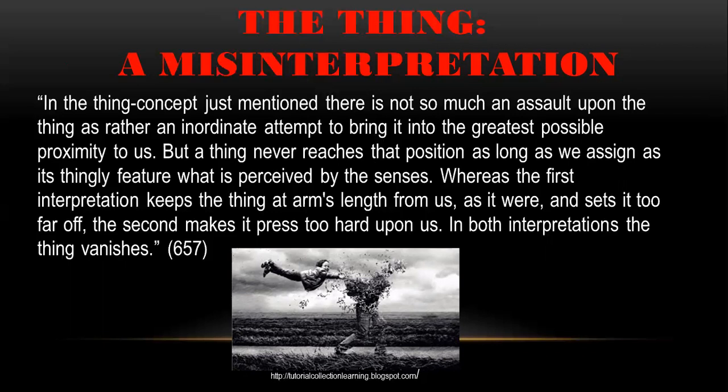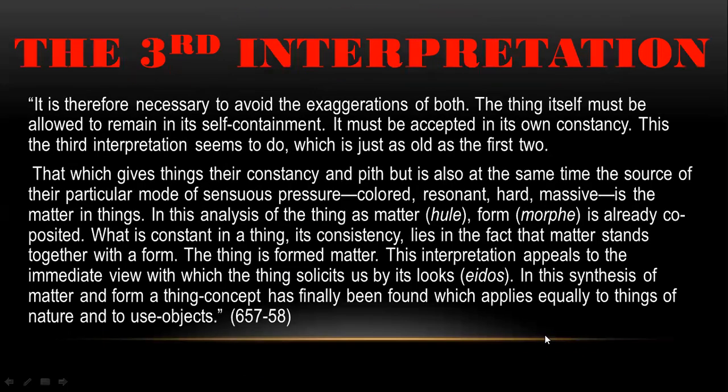And then the qualities are accidents. That one keeps it at arm's length, but this one presses it too hard upon us. It makes it so that it almost just disappears in the flow of experience. And for him, on both interpretations, we're losing something about the thingness of the thing.